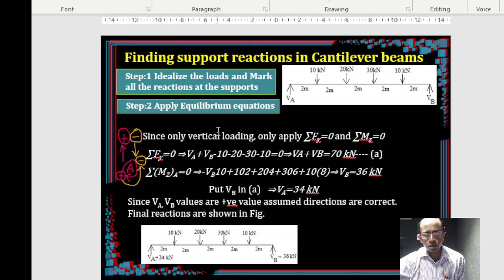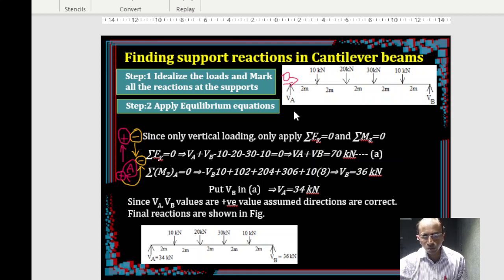Then, what is the first step? Idealization of the loads. Here everything is concentrated load, so no need to change any load, just put it as it is. Now mark the support reactions. This is a hinge and this is a roller. At the hinge you may have two reactions, one horizontal and one vertical. But the horizontal reaction doesn't have any meaning here.